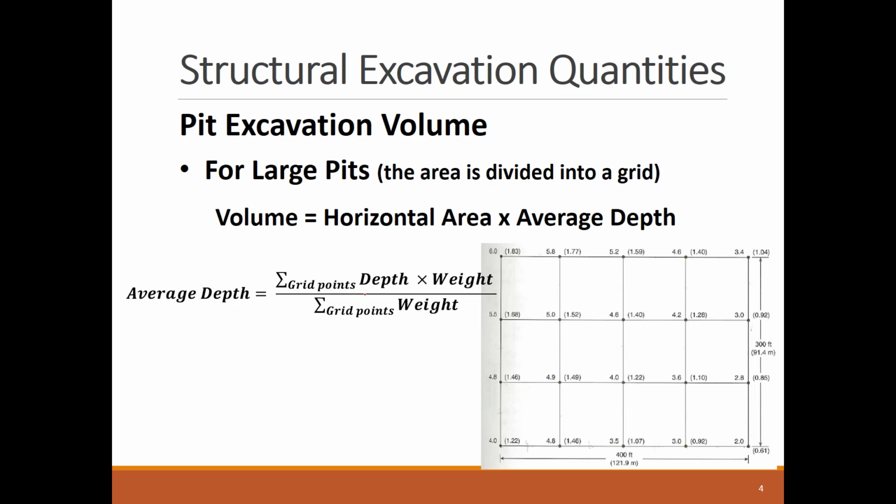Each grid point is given a weight depending on how many grid cells surround it. The weight of a corner grid point equals 1 because it is on the border of only one grid cell. So the 4 corner grid points each have a weight of 1.